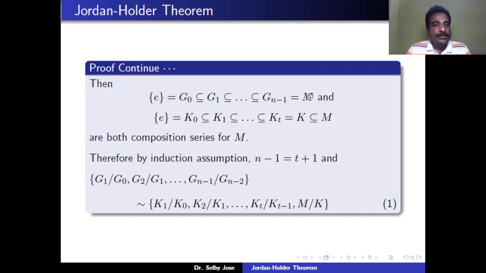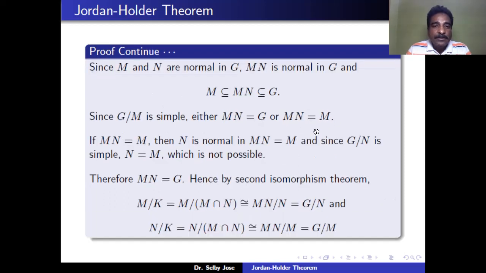We know that M is equal to G_{n-1}, so the identity equal to G_0 contained in G_1 and so on, contained in G_{n-1} equal to M, is a composition series of M. And the identity equal to K_0 contained in K_1 contained in ... contained in K_t, which is equal to K, and K is contained in M because K is equal to M intersection N. And we have seen that M mod K is isomorphic to G mod N, and G mod N is simple, therefore M mod K is also simple.